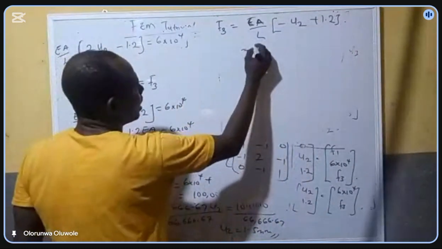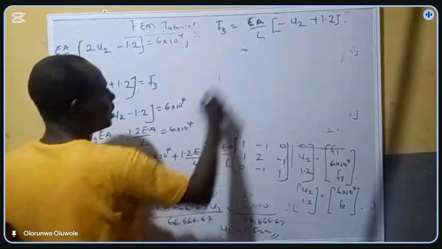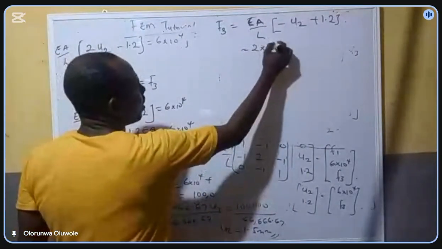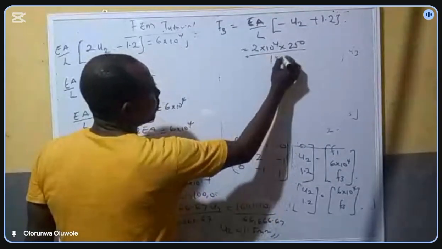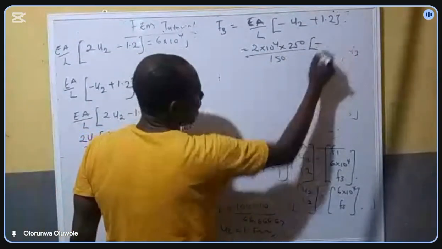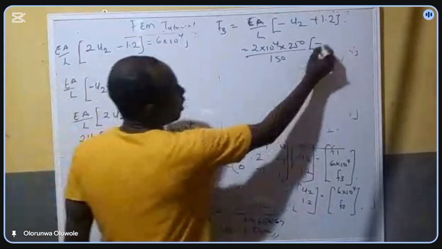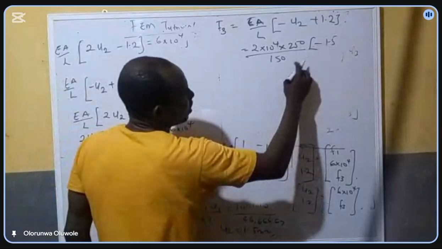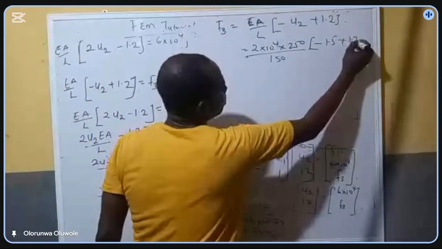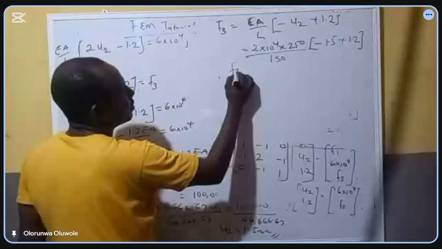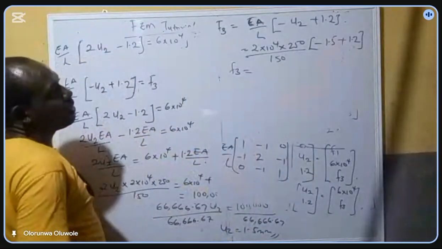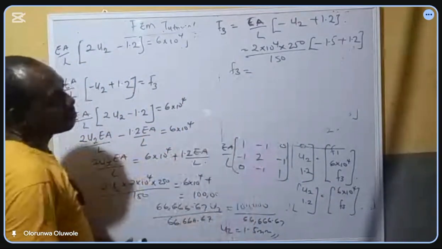Our E has been given, which is 2 times 10 to the power 4, multiplied by A, 250. Our L is 150, in bracket minus our U2, 1.5, plus 1.2. If you do all this, what will be our F3?